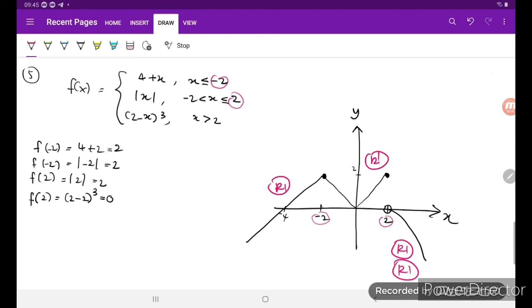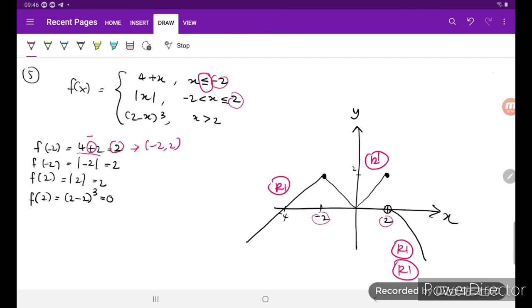and then we calculate f -2 according to the function given. So f -2 for 4 minus 2 is 2. Then we put on the graph point -2, 2, and then it is black dots.